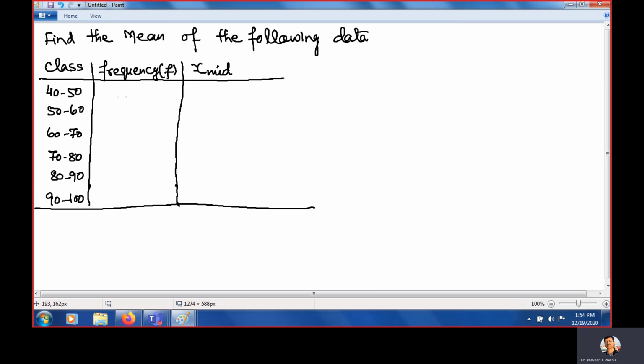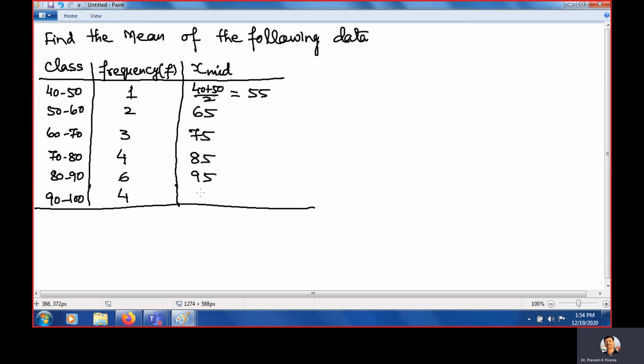What are the frequencies? Let us say 1, 2, 3, 4, 6, 4. These are the frequencies. Now you need to find the x mid. X mid means 40 plus 50 upon 2. So it is 55. Similarly, 65, 75, 85, 95.